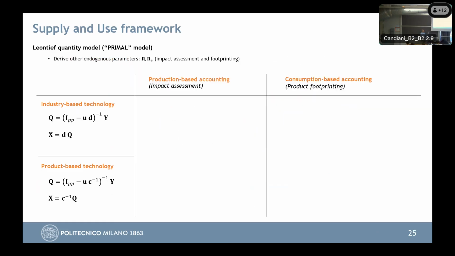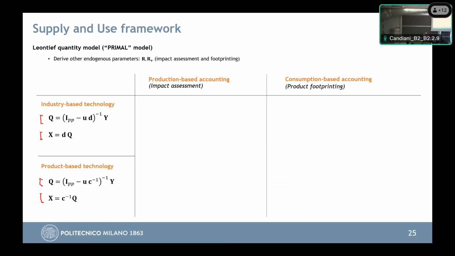Now, I'm just very rapidly moving to the very final step. Here you see industry-based technology and product-based technology. These are the rows of this table. So I have the main two equations, okay? I have the total product demand balance, the total activity balance, and the same for the product-based technology assumption.